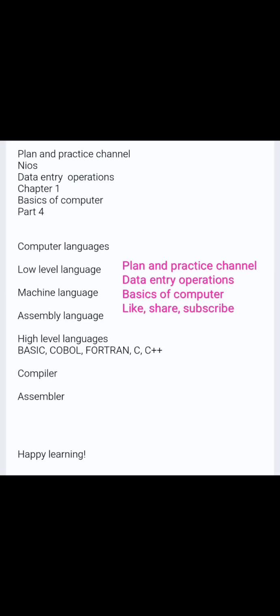In low-level language only machine language and assembly language come. It is easily understood by the computer. This is the language in the form of 0 and 1s. Machine language is in the form of zeros and ones called binary numbers, so that the computer can understand it in a better way.